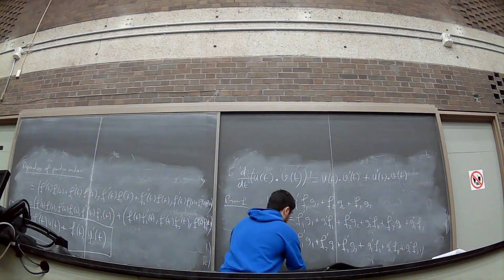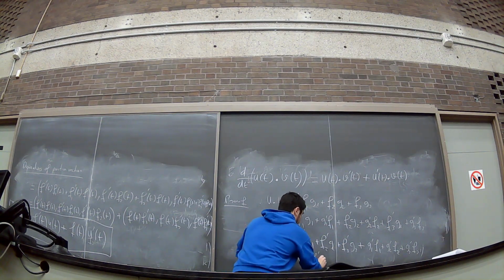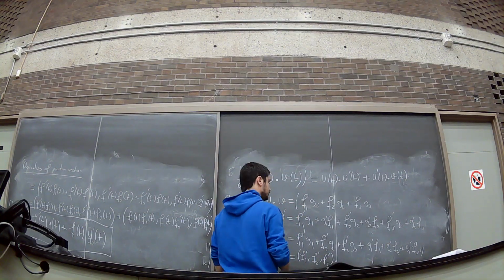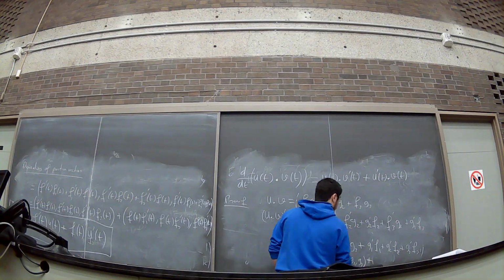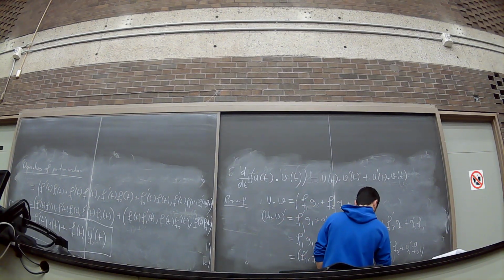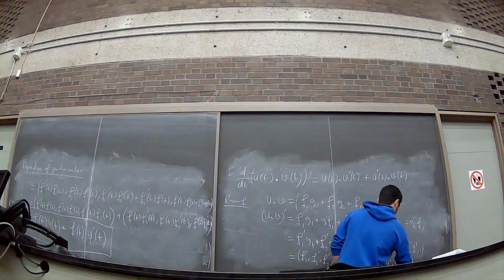This is just f1 prime, f2 prime, f3 prime dot g1, g2, g3, plus g1 prime, g2 prime, g3 prime dot f1, f2, f3.